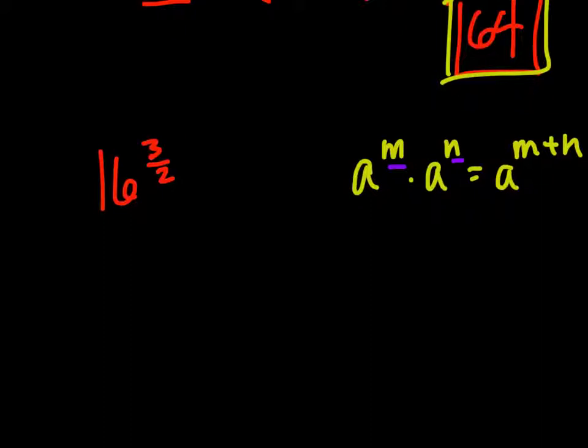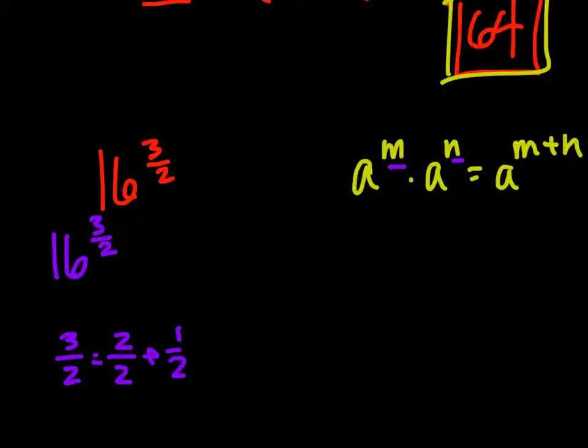Now we know 16 to the 3 halves, and 3 halves, we could rewrite as 2 halves plus 1 half, because 2 plus 1 equals 3. 2 halves we could also rewrite as simply 1 plus a half, correct? Sure hope so. So we have 16 to the 1 plus a half.